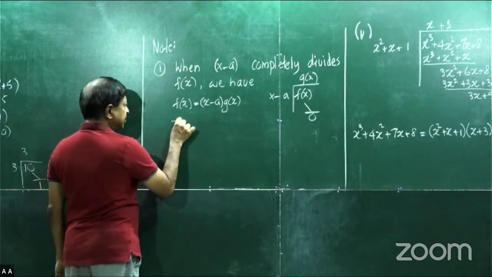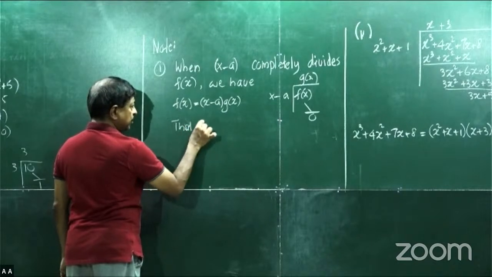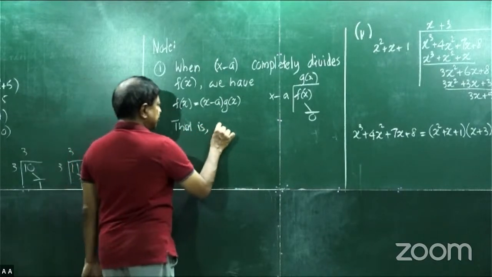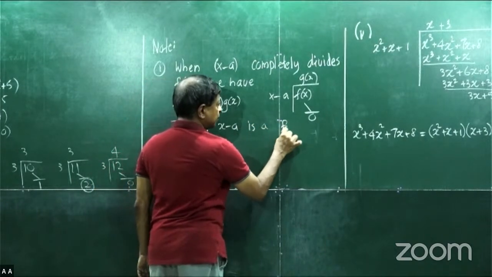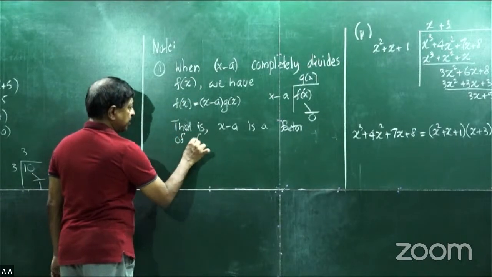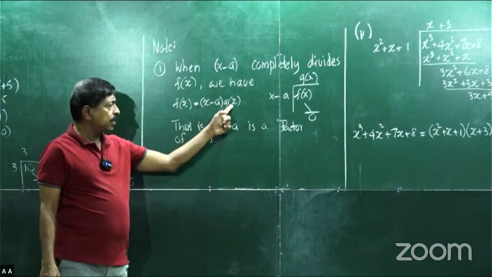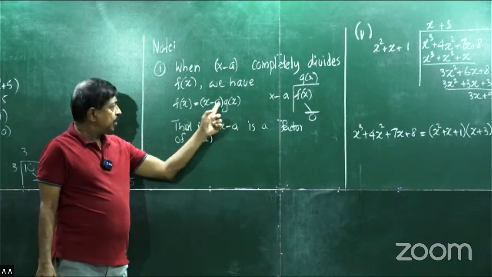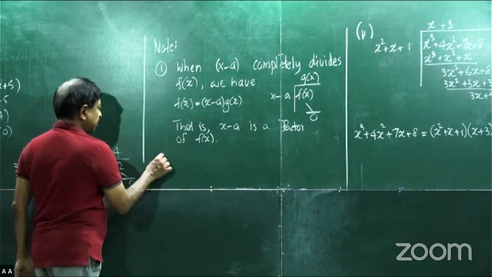So that means x minus a is a factor of f(x). Because if you write f(x) as the product of these two, this is a factor of f(x). That's the first thing we need to note.